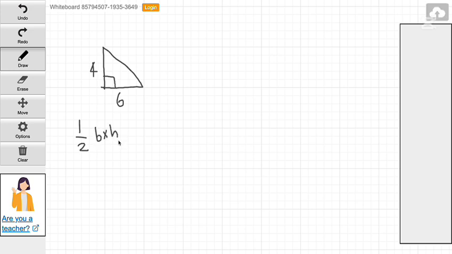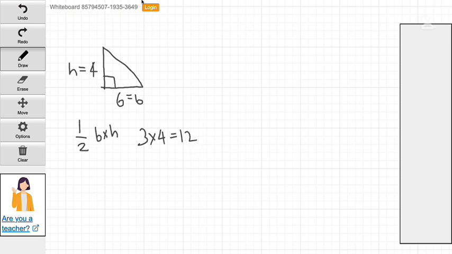So the base is 6, and the height is 4. We don't have the centimeters, so we don't really have to write it. You just want half of the base, which is 3, and then multiply that by 4, which is equal to 12.